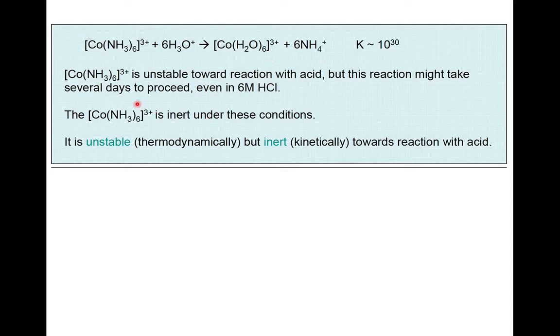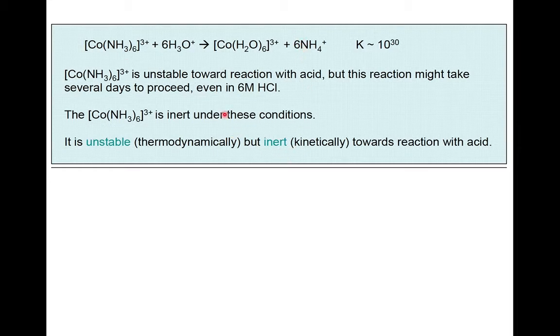This hexaammine cobalt-3 center is unstable toward reaction with acid, but this reaction takes several days to proceed even with relatively concentrated HCl. That's because the cobalt hexaammine complex is inert under these conditions. So it is thermodynamically unstable, meaning this is an exothermic reaction, but inert.